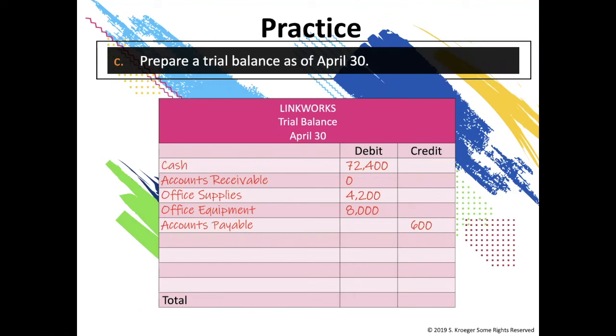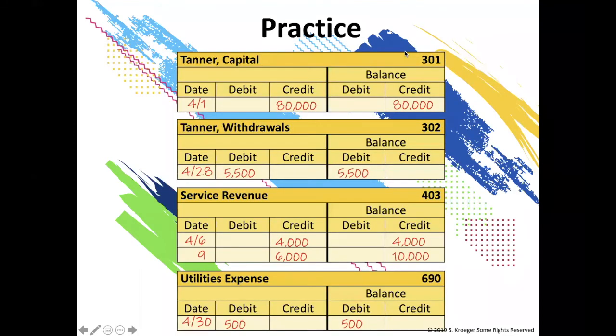Let's take a look at the next accounts. Our final accounts would be Tanner Capital, Tanner Withdrawals, Service Revenue, and Utilities Expense. For capital, we'll put in an $80,000 credit. For the withdrawals, we'll put in a $5,500 debit. For service revenue, a $10,000 credit, and utilities expense a $500 debit.